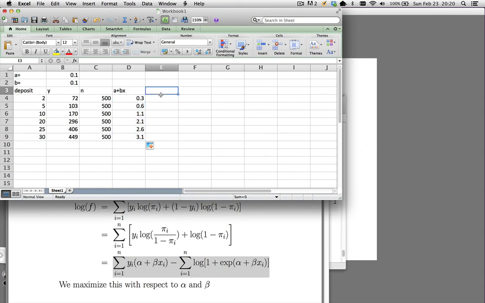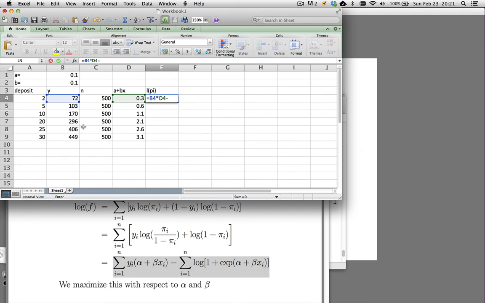Let's now define the log likelihood. This first term is just going to be the number of yeses. Think of that as, there are 72 yeses. So let's say B4 times my linear predictor.